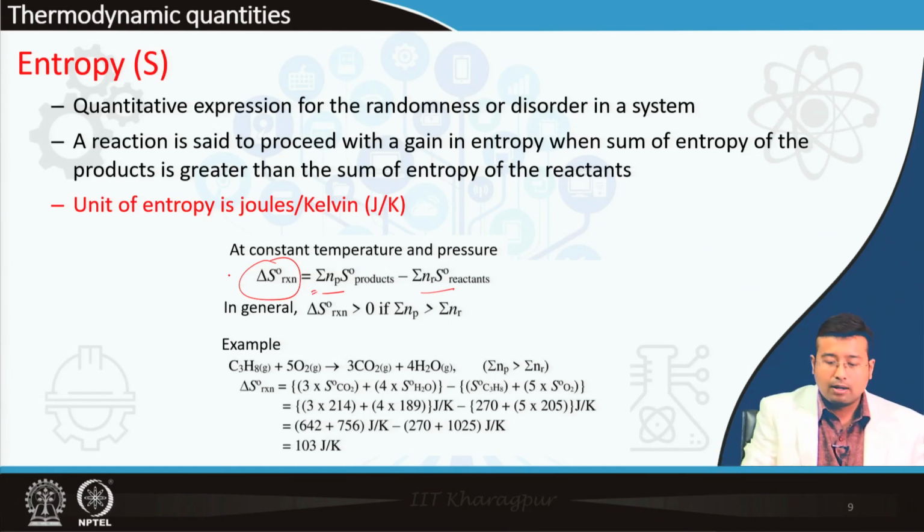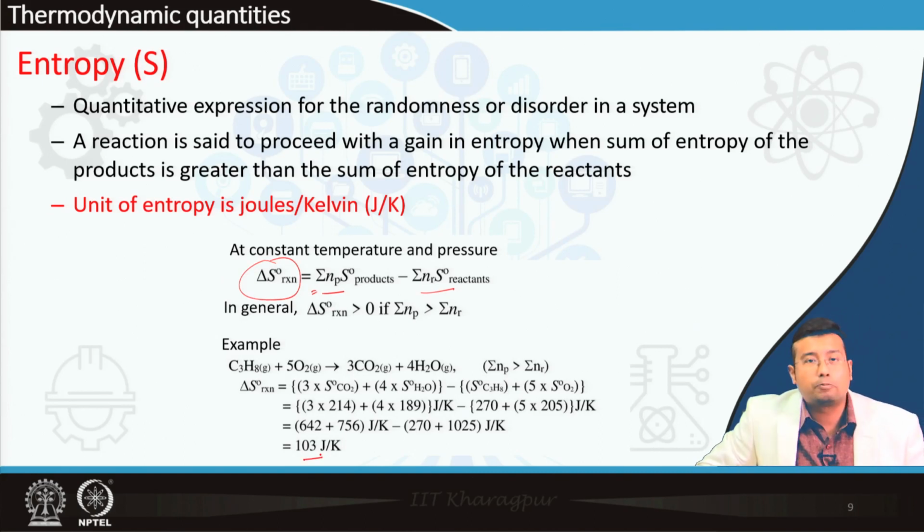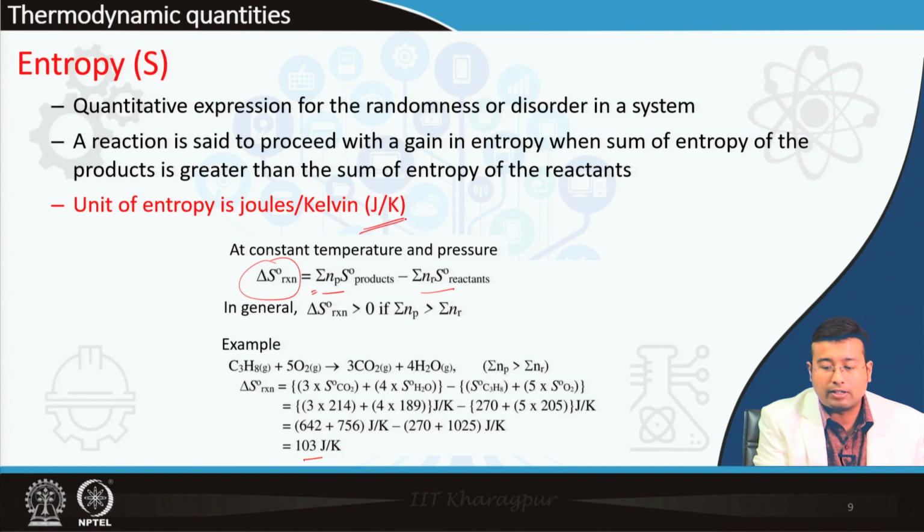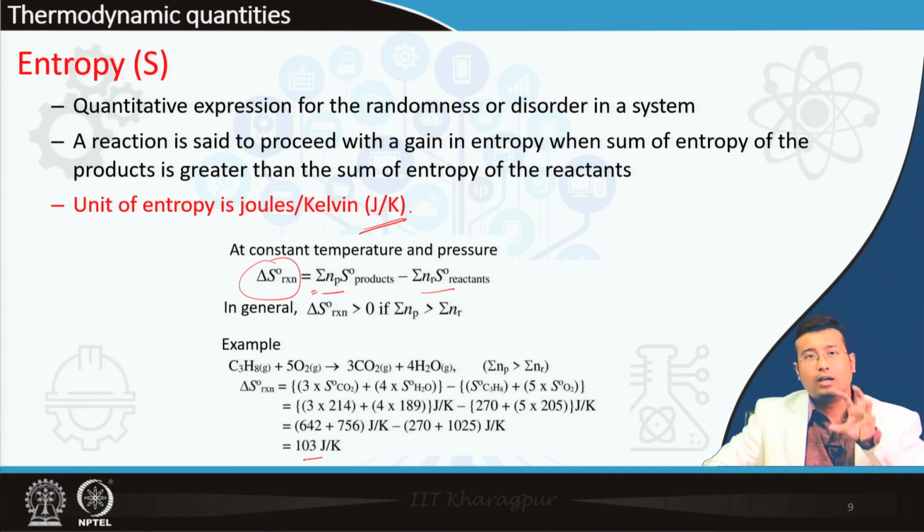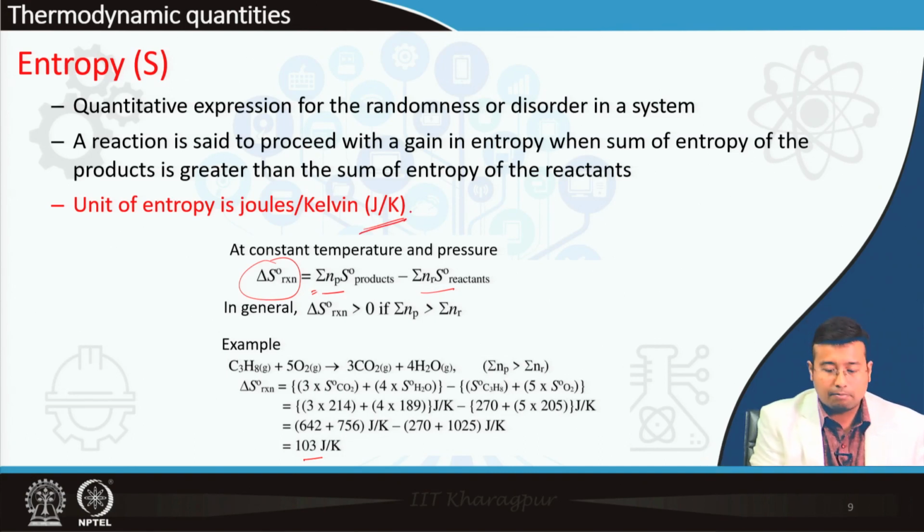So, there is an example where the entropy of each and every molecule has been considered and ultimately it is found to be positive, that is 103 joules per calorie, because this is the unit of entropy, very important. So the reaction is very simple: combustion of propane, C3H8. Propane is combining with oxygen to get converted to carbon dioxide and water vapor.